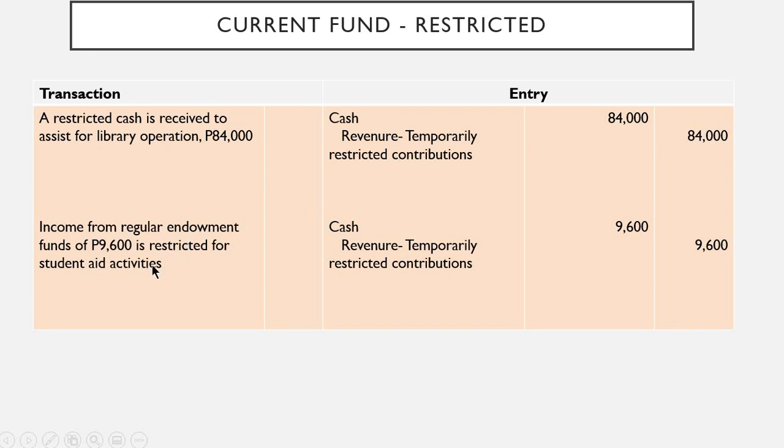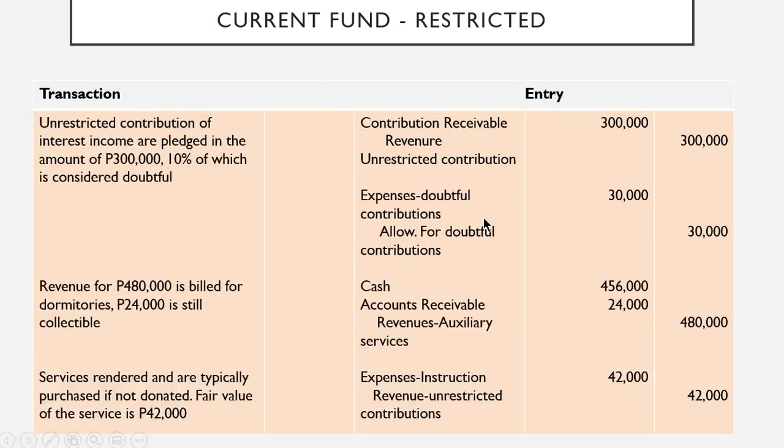So income from regular endowment funds of 9,600 is restricted for student aid activities. So dahil restricted siya for a particular purpose, kaya temporarily restricted siya. Revenue for temporarily restricted contribution at 9,600 and a debit to cash for 9,600. Next, unrestricted contribution of interest income are pledged in the amount of 300,000, 10% of which is considered doubtful.